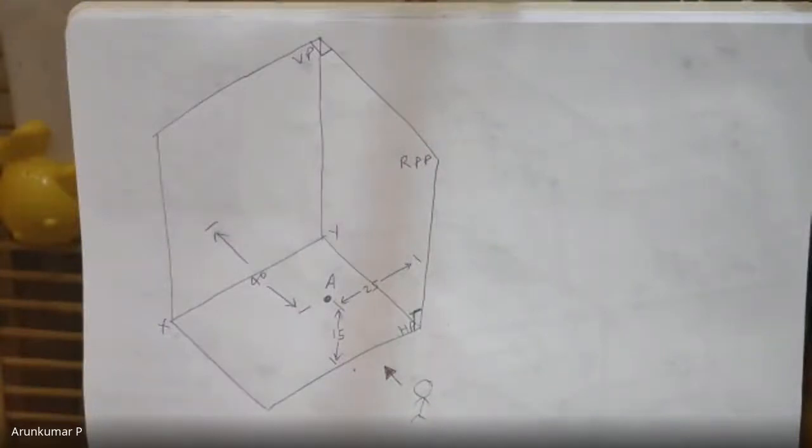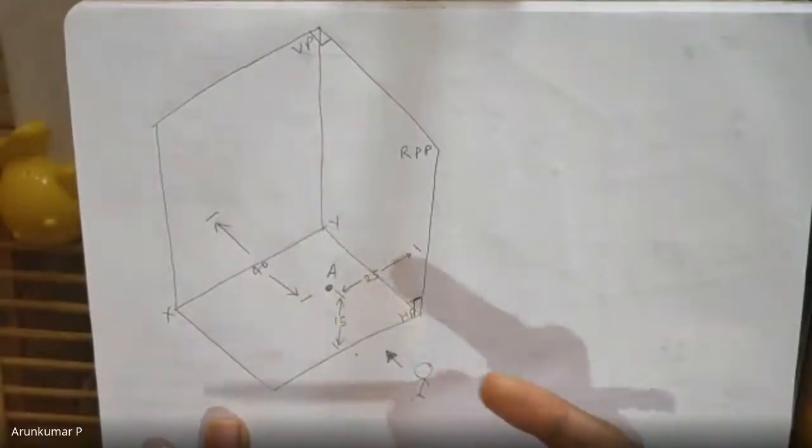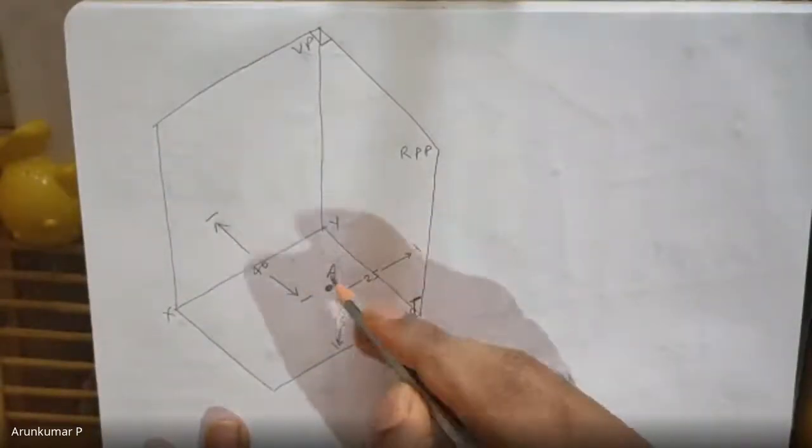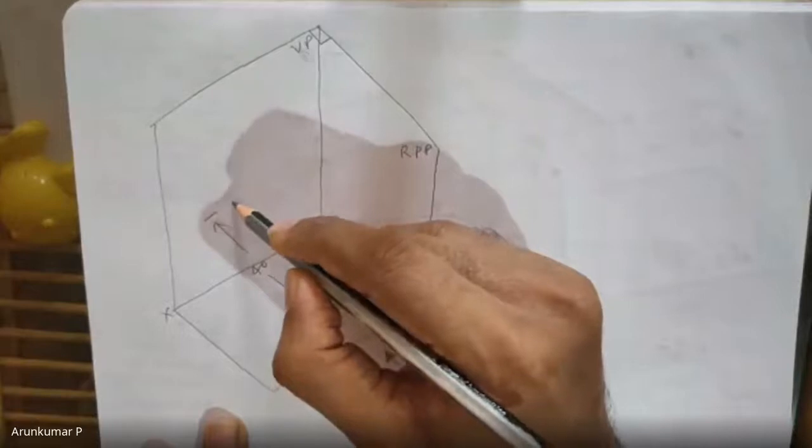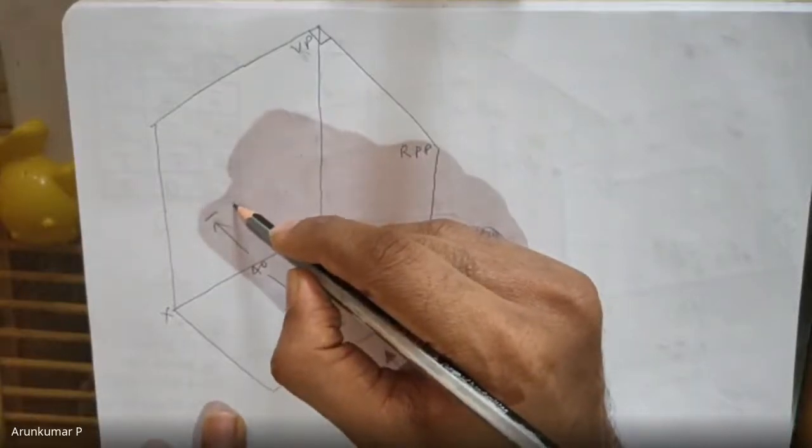Now, what I want is the front, top and side view of this point on the respective planes. So let us start that. The rays of light are going to pass through A and then hit the vertical plane somewhere here.